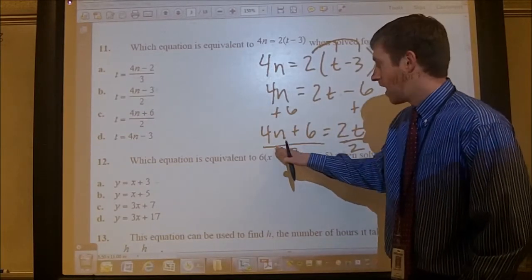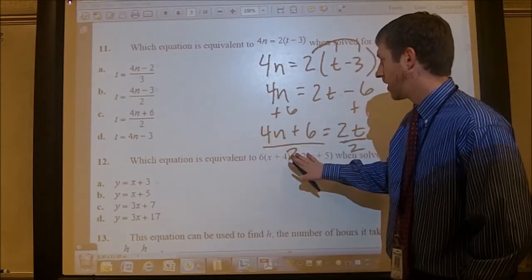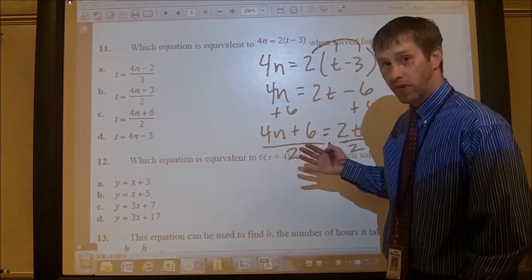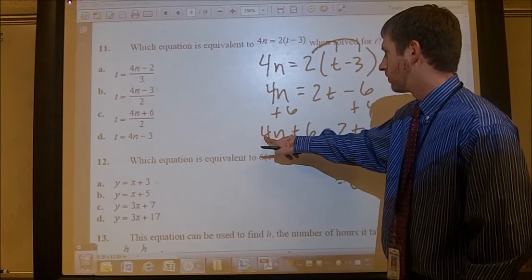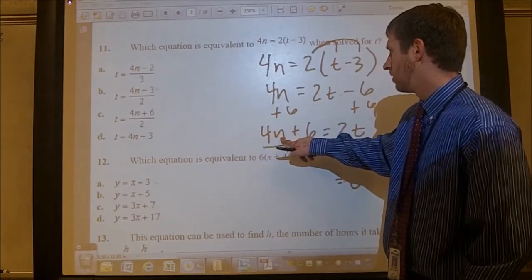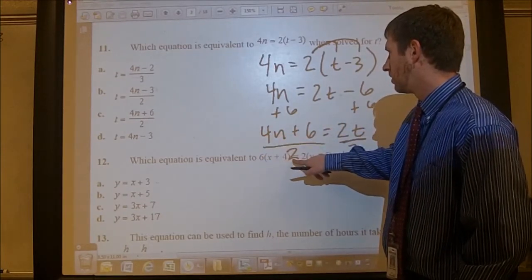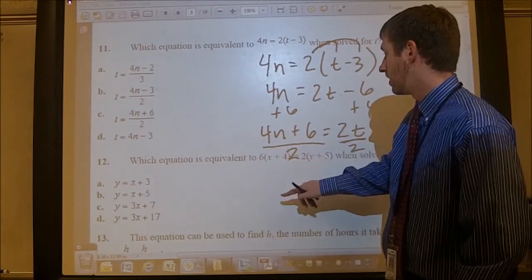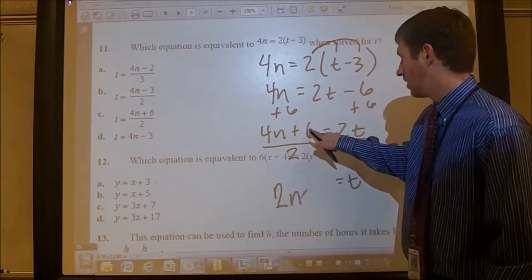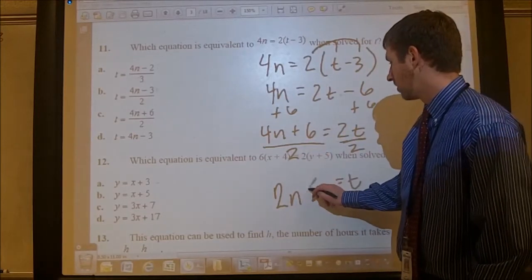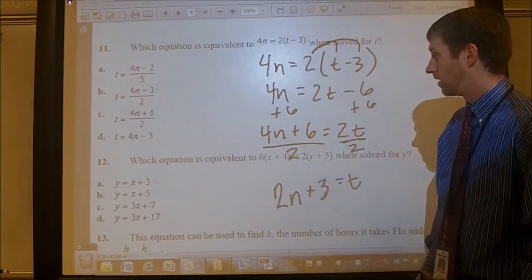Now on this side, I'm dividing both pieces by 2, and 4 and 6 can both divide by 2, so we can simplify this a little bit further. 4n divided by 2 is 2n. 6 divided by 2 is 3, so plus 3, 2n plus 3.